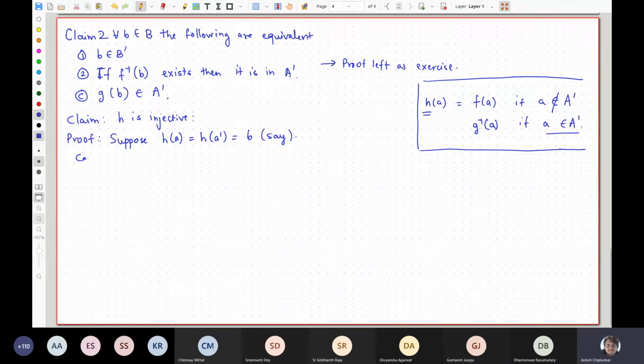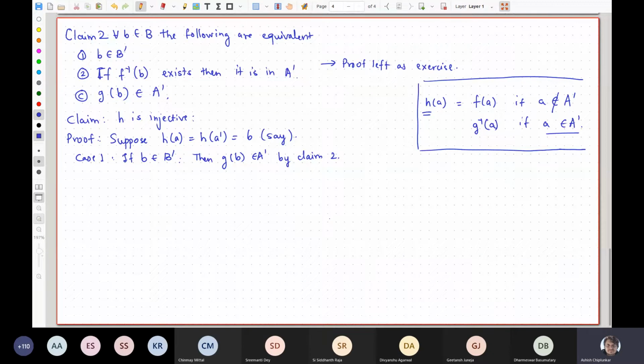So in case 1, if B is in B prime, what do we have? So then G of B is in A prime by claim 2. Right. So now what?